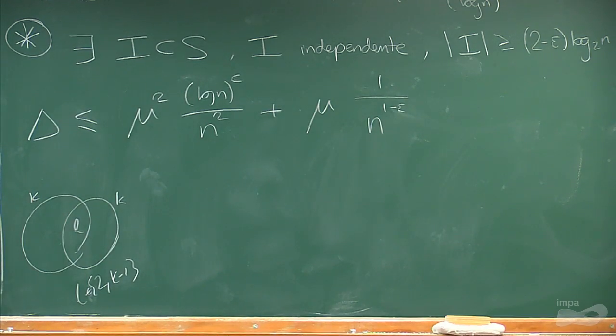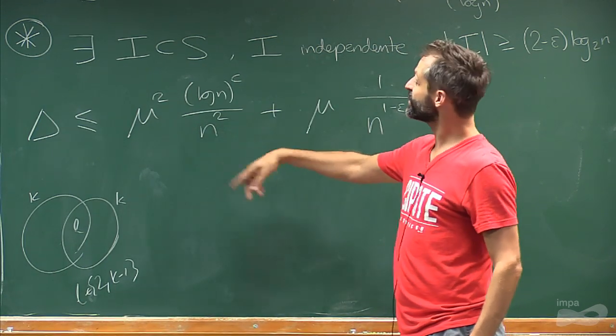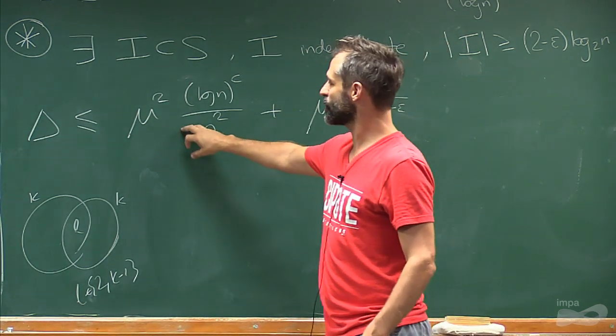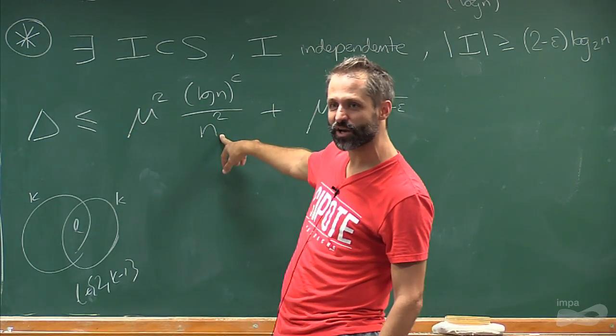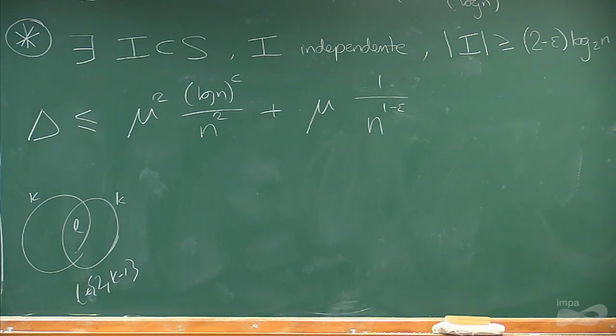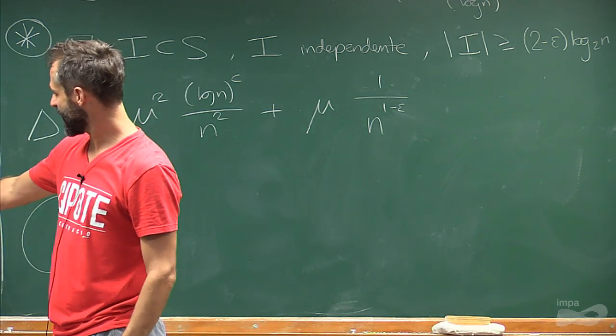So it's either e to the minus, let's say, mu over 2, if this one is much smaller, or if it's much bigger, then this one also dominates this one, and we get mu squared over delta is like n squared over log n to the c. E to the minus n squared over log n to the c. But mu is n to the log n.